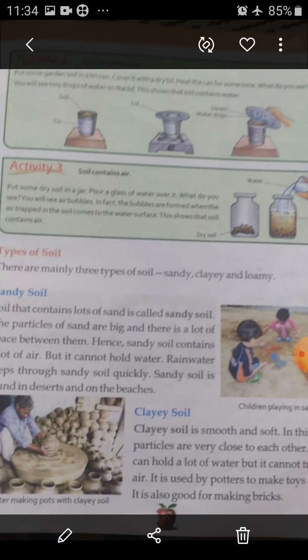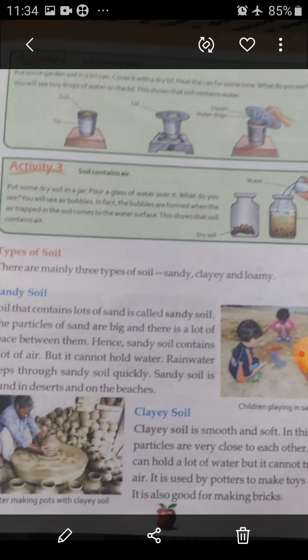Where does that air come from? How are those bubbles formed? The bubbles are formed because the soil contains air, and when we put water on it, the air trapped in the soil escapes as bubbles when water enters the soil.